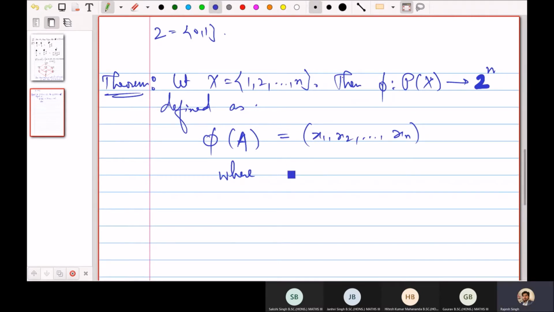So we have to define xi. We take xi equal to 1 if i belongs to A, because this is {1 to n}, so A will have some elements from it. If i, the index of xi, is in A, then we take it to be 1, and otherwise we take it to be 0.